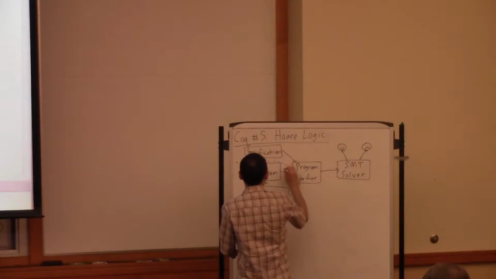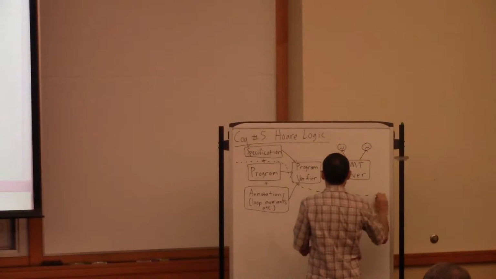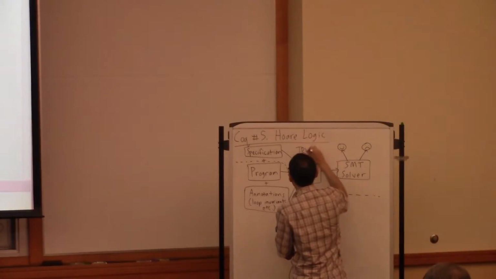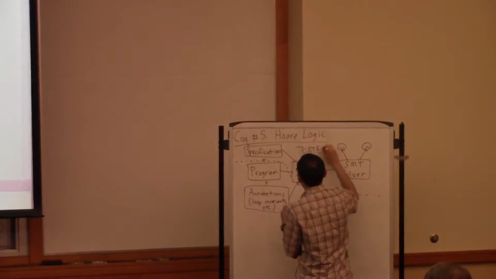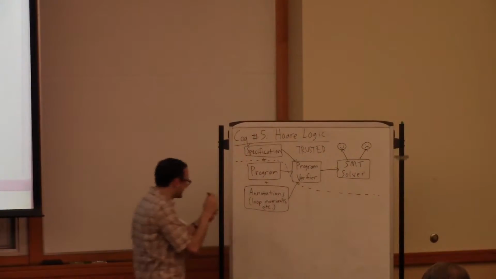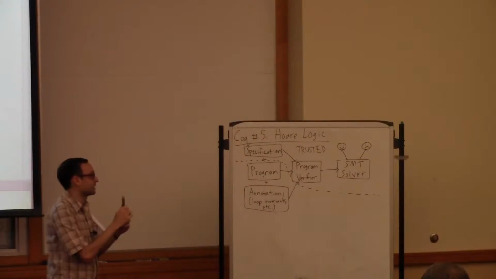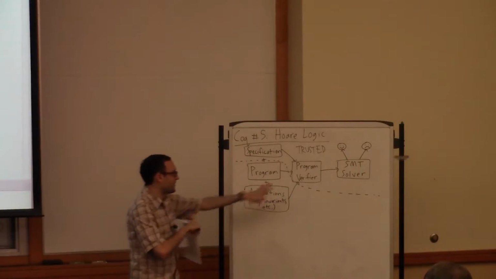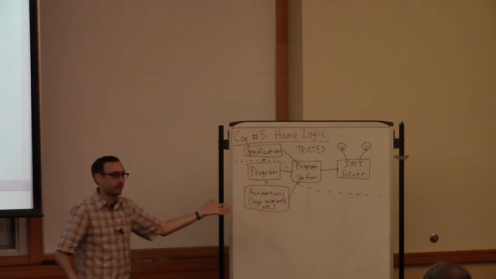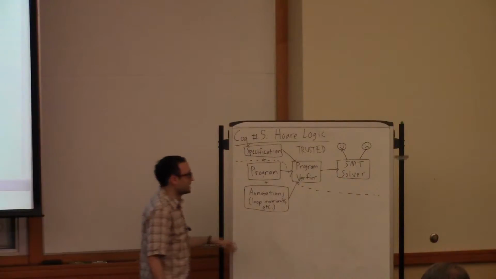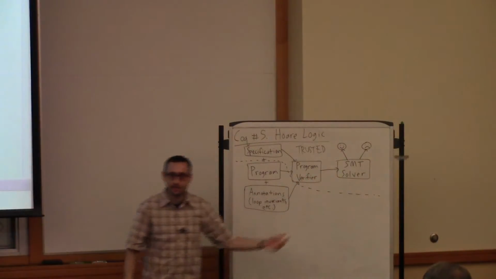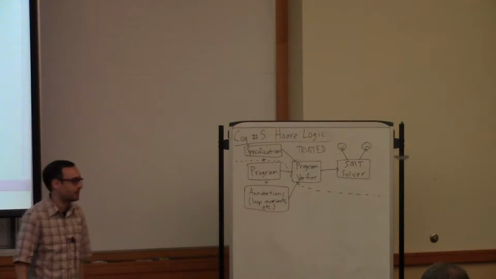I think the boundary roughly lies here, where in this traditional picture we have basically all the parts of this picture except for the program and the annotations are trusted. A bug in the program verifier can completely scuttle all the guarantees you'd like to get. If the SMT solver accidentally says, yes, every formula is true, then you'll be in some trouble.